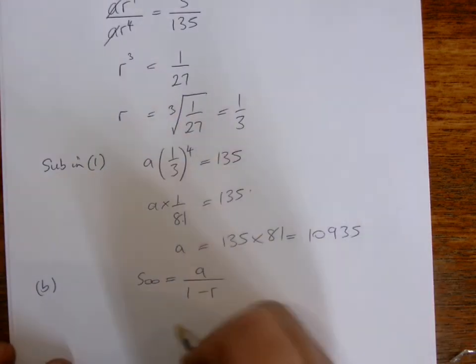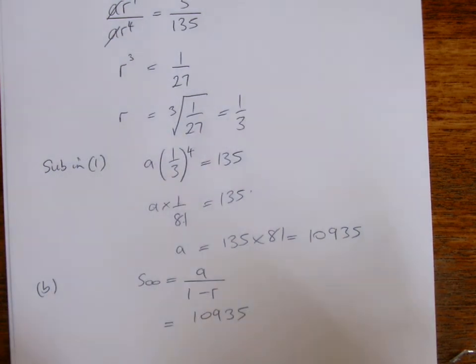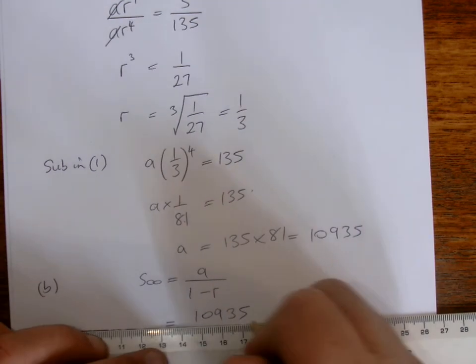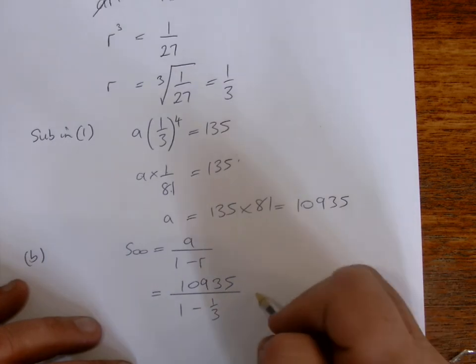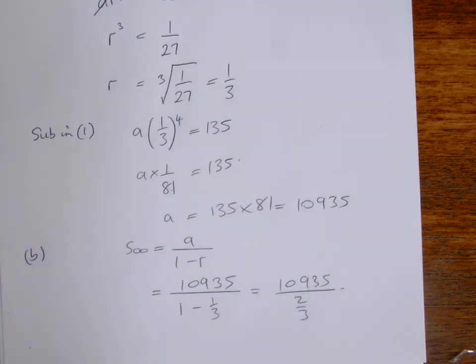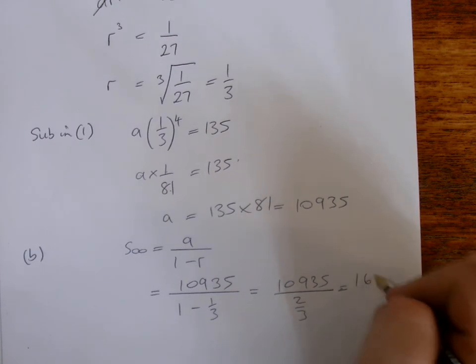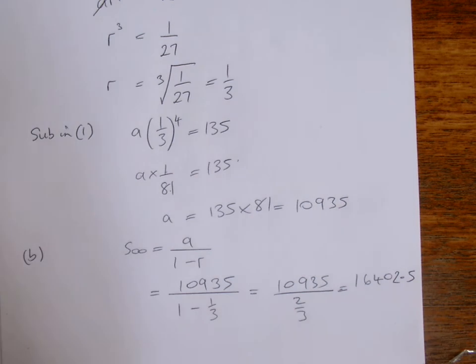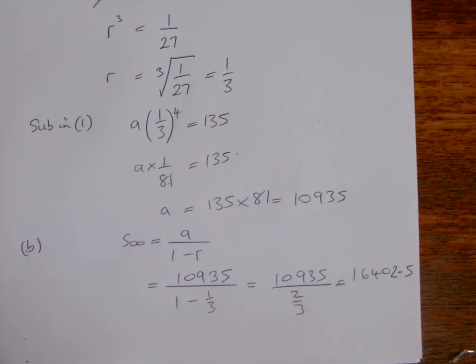We know a is that big number there, and we know 1 minus r, well, we know r to be a third, so you just got to type that into your calculator, or you can type in 10,935 divided by 2/3, so I'll work that out, and I've got the answer to be 16,402.5. So that's what that series there with an infinite amount of terms adds up to, 16,402.5.